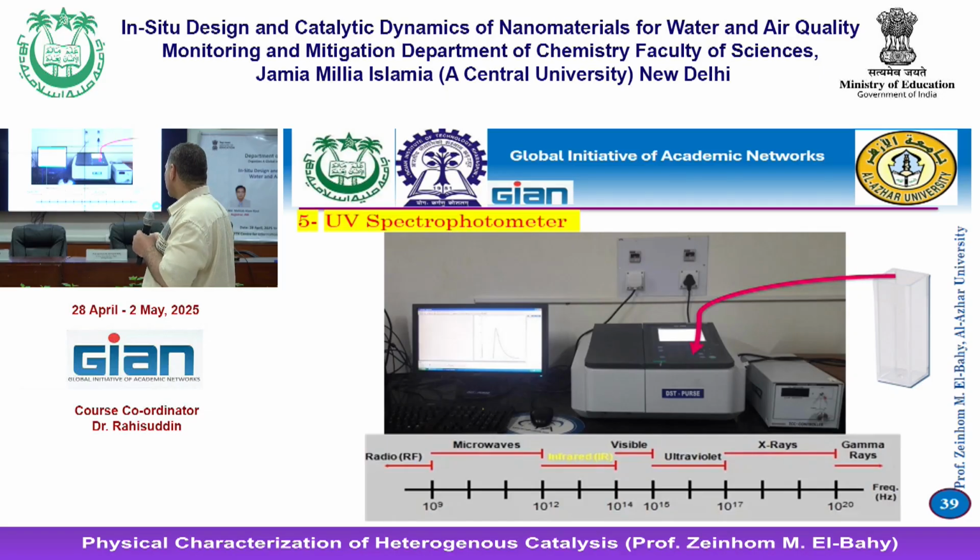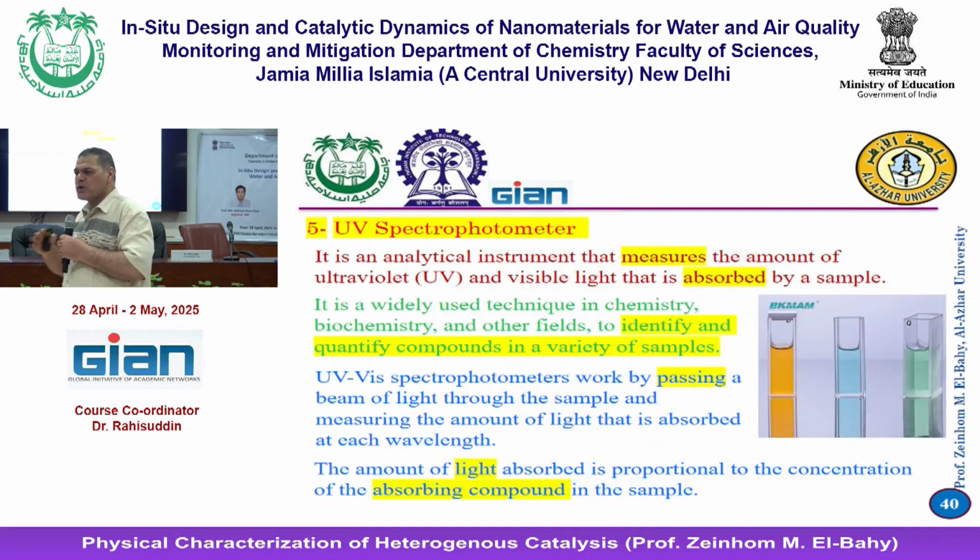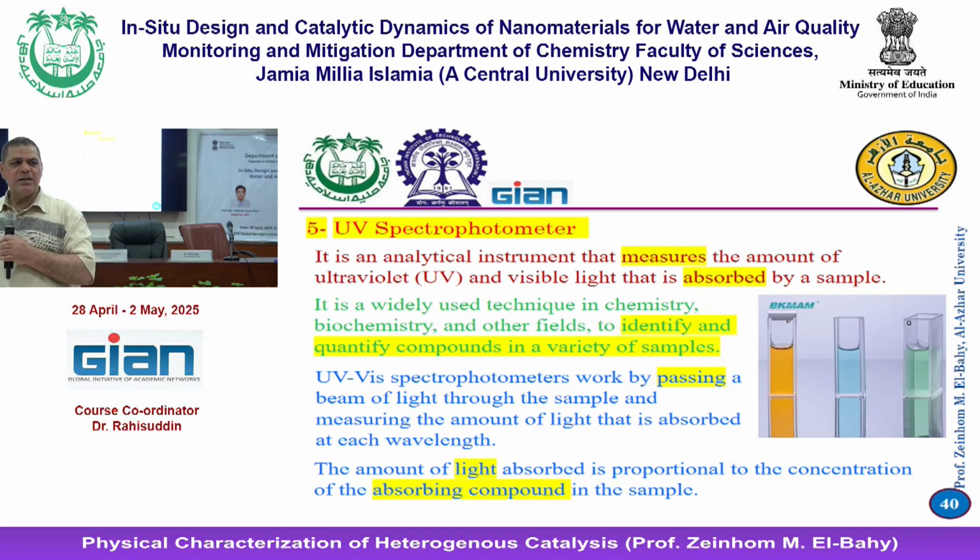This is the common one. This is the sample holder, the cuvette, which you put inside the instrument like this. This arrow should be on the left. This is the spectrophotometer. I think most of you know it and have used it.